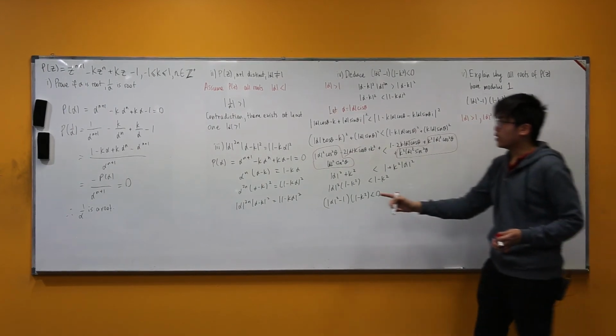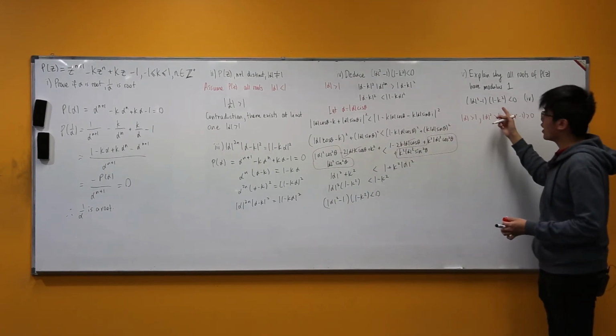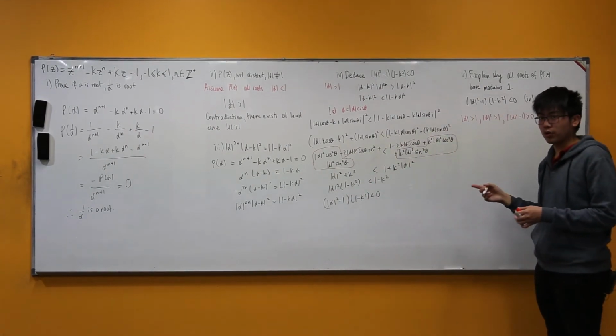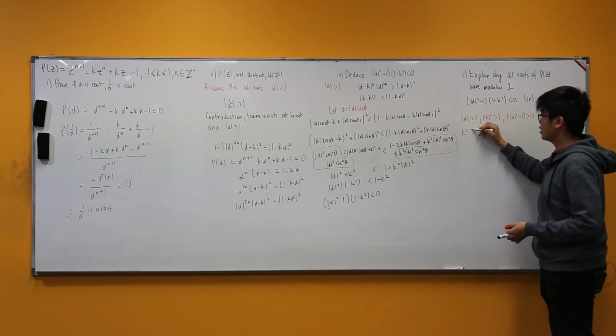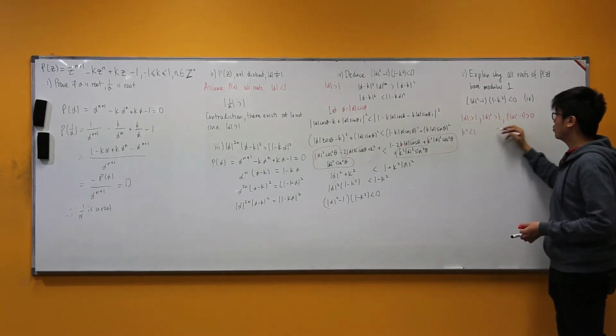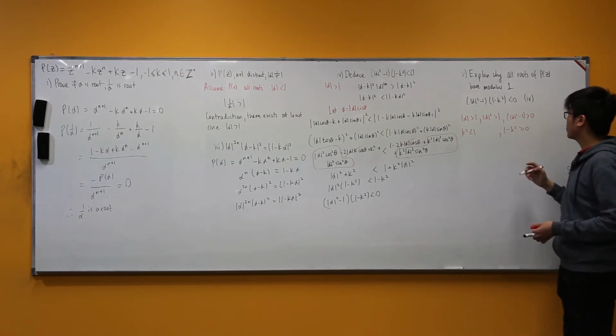Additionally, going back all the way to the beginning, we know that the condition of k is that it's between -1 and 1 inclusive. So in other words, k squared is less than or equal to 1, or 1 minus k squared is greater than or equal to 0.